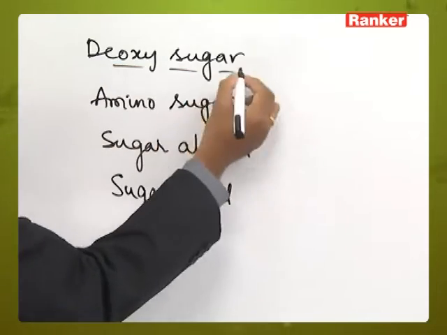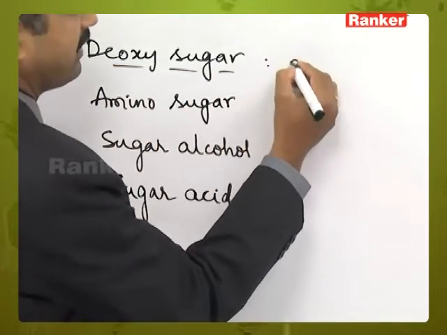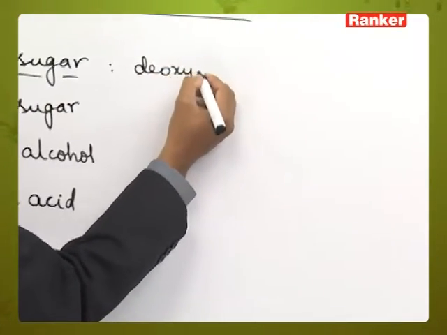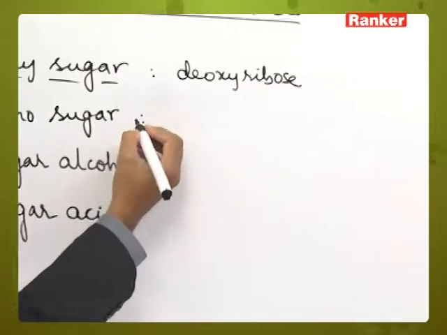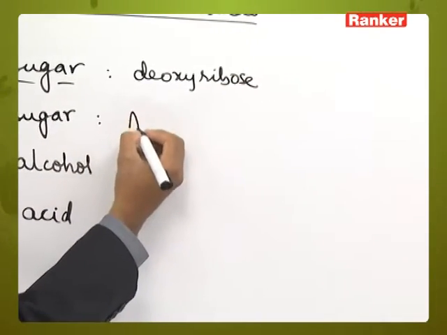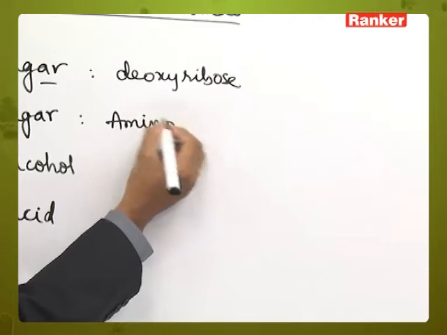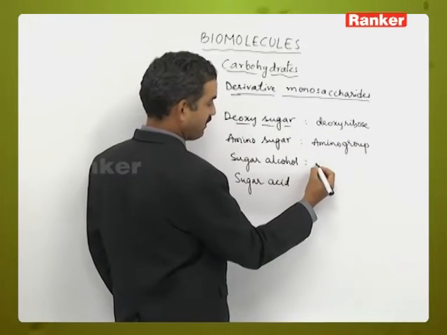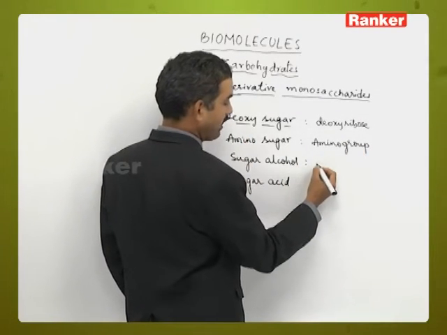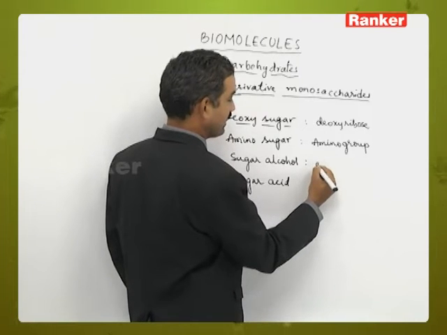Deoxy sugar is the one containing deoxyribose sugar, amino sugar is the one having an amino group in it, and sugar alcohol is the one which contains an alcohol part.